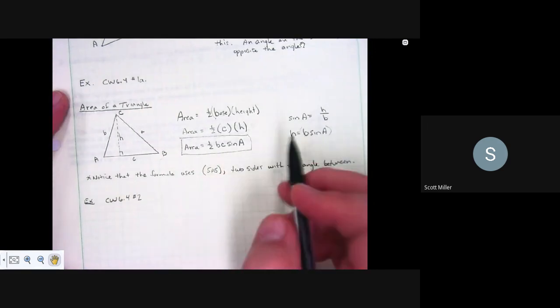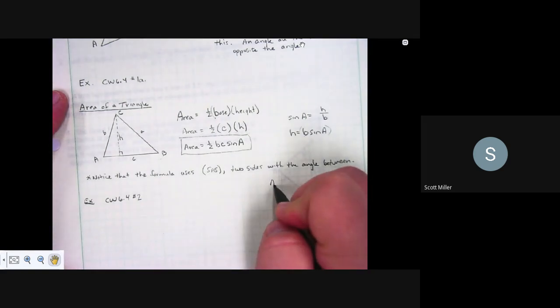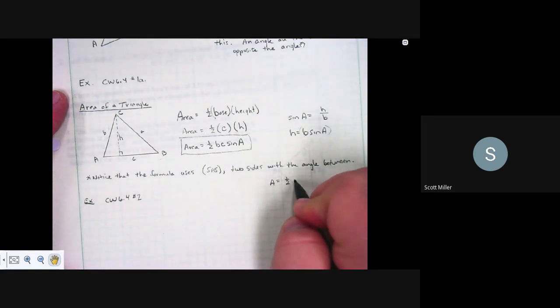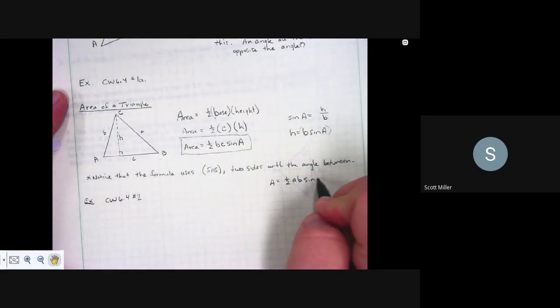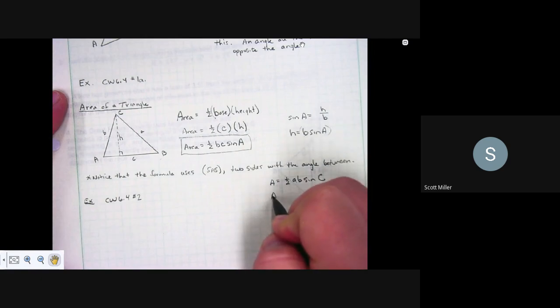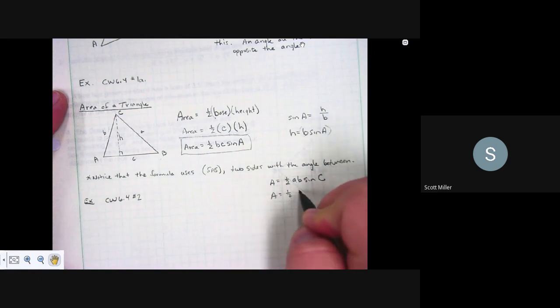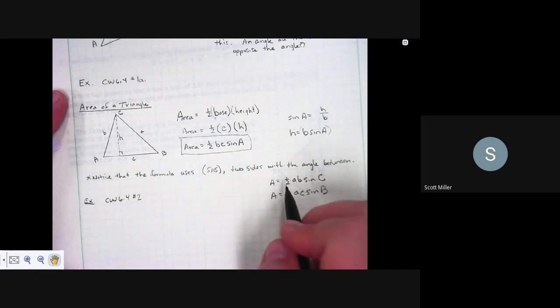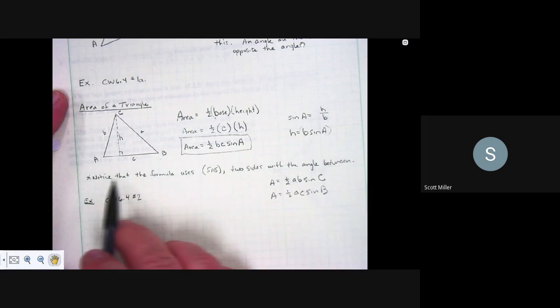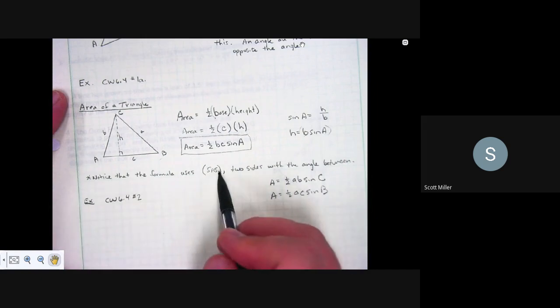Okay, so you can use the formula in this form, or you have the alternative forms from all the other angles: 1/2 AB and then the sine of angle C, or the area would be 1/2 AC and the sine of angle B. So how do I know which one to use or how to do this? Well, if you look at it, the formula uses side angle side.